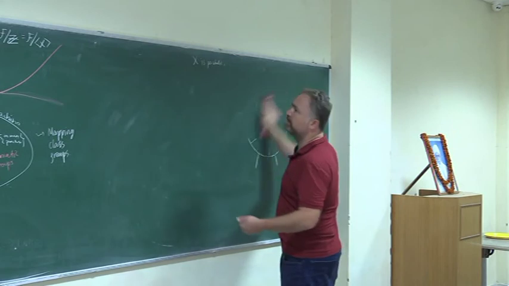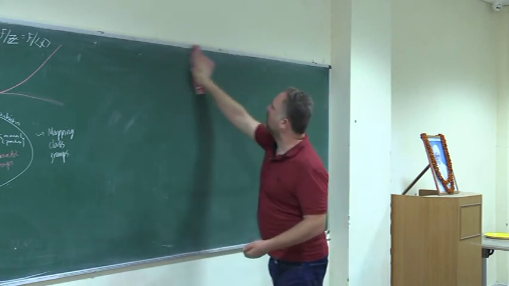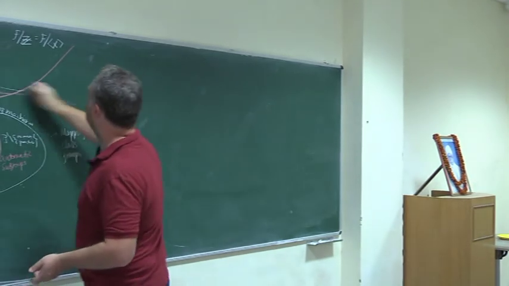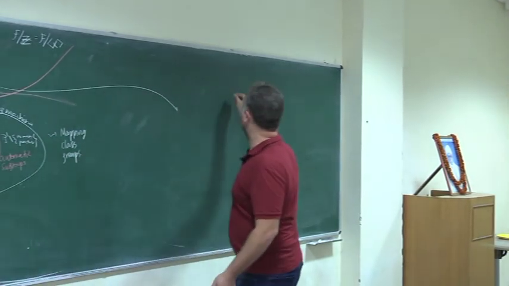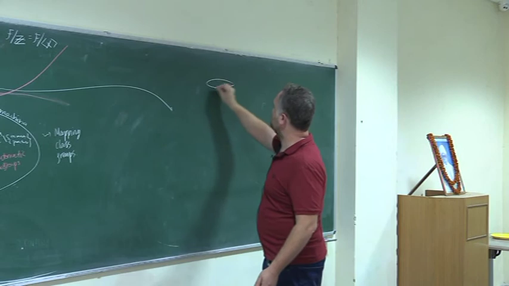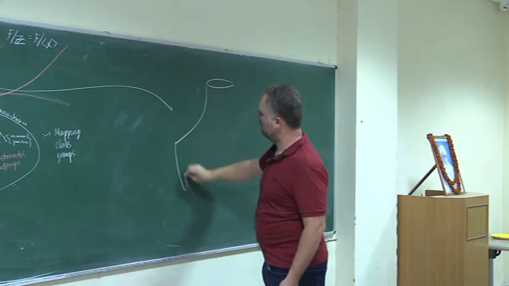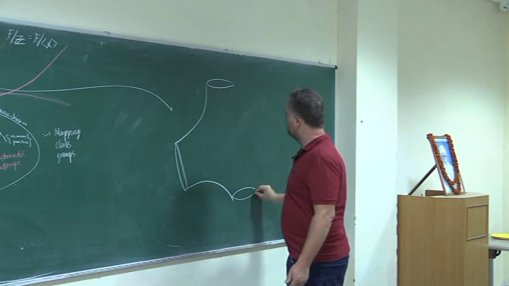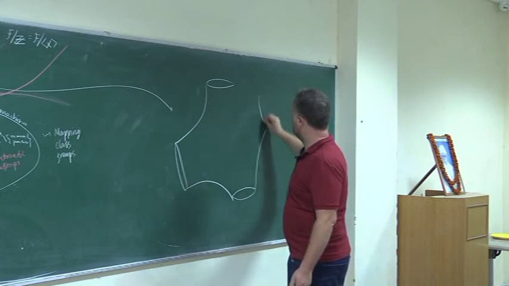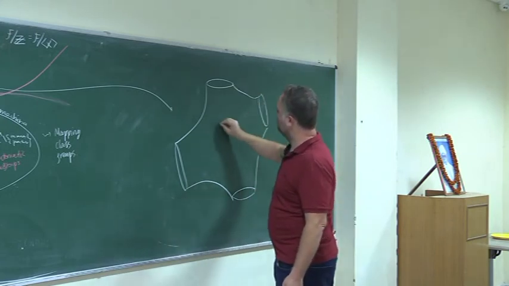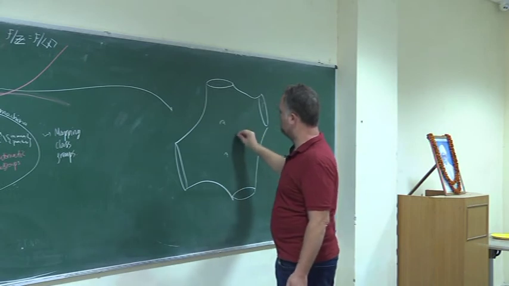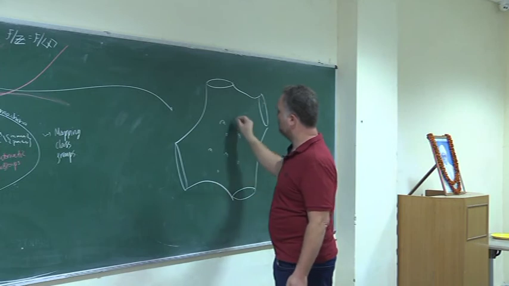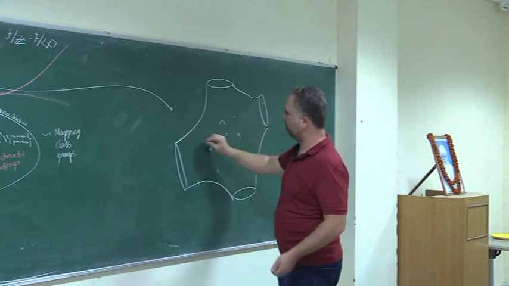In general, I don't have enough space to draw this here, but a general thing that I can have could appear like this. So perhaps some handles, and perhaps some punctures, and some graph.